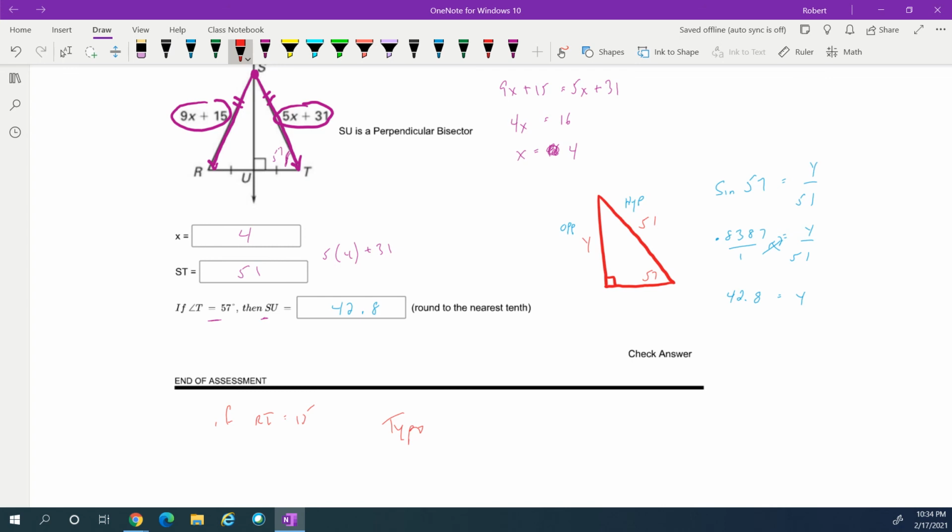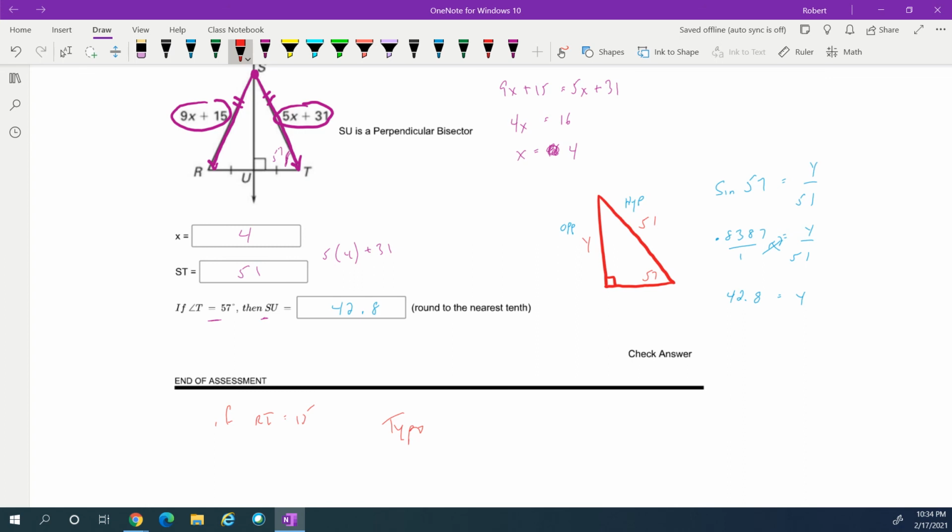It should not have been there. Don't worry about it. No matter what you did, it's not going to give the right answer on that one because it wasn't supposed to be there. This should have been the end of the assignment. So if that extra piece is there, don't worry about it.